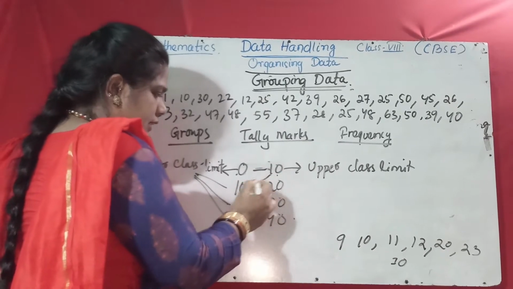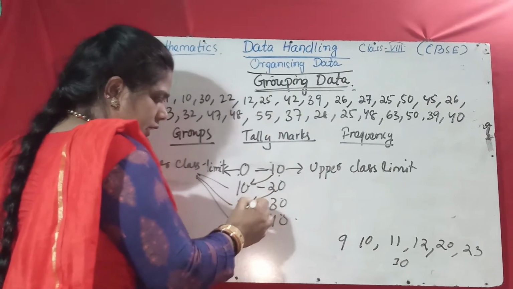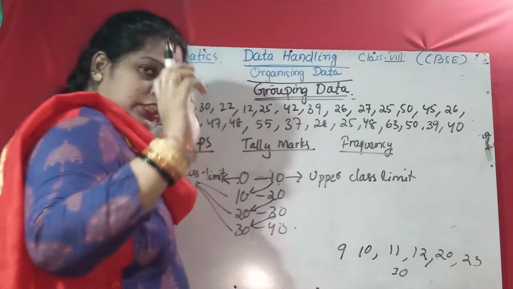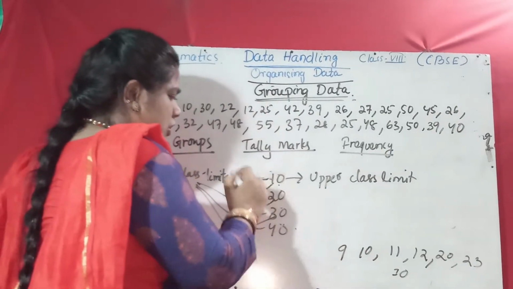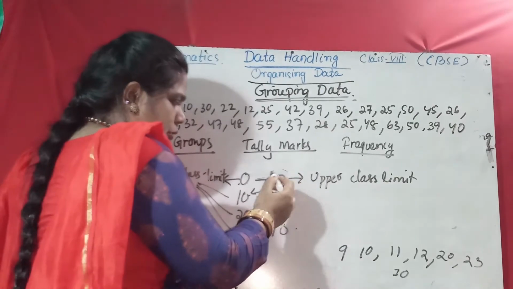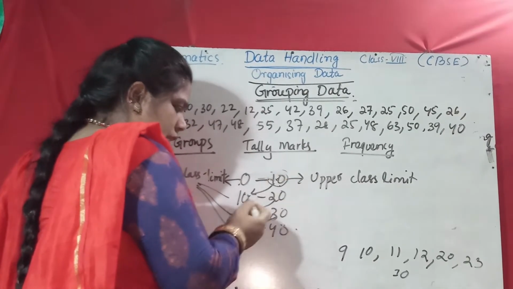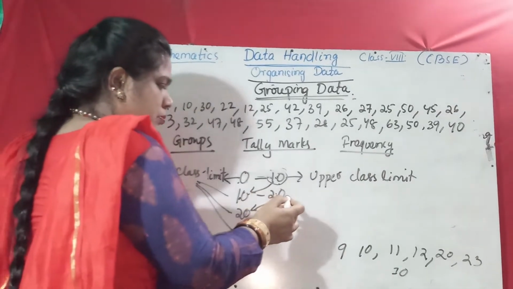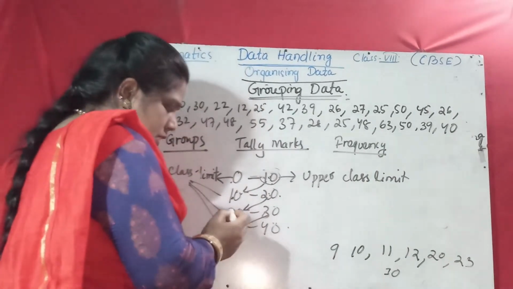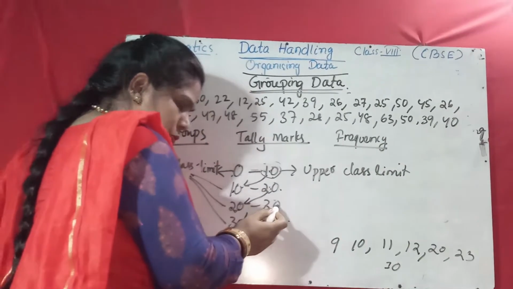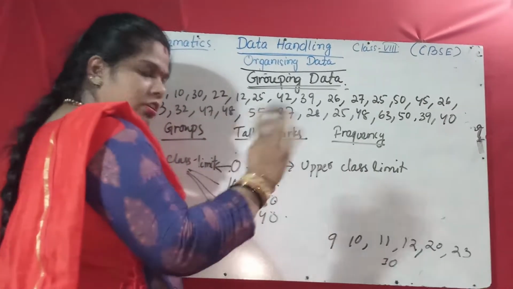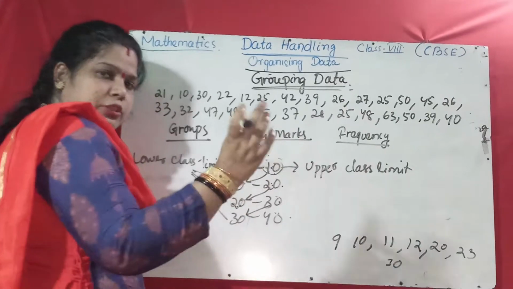But 10 is repeated, 20 repeated, 30 repeated. That means 10 will not come in the first group; the upper limit will not come in this group. 10 will come to the next group. 20 will not come in this group; starting from 20 means 20 will be written in the next group. So 0 to 9, all numbers will come in the 0 to 10 group.